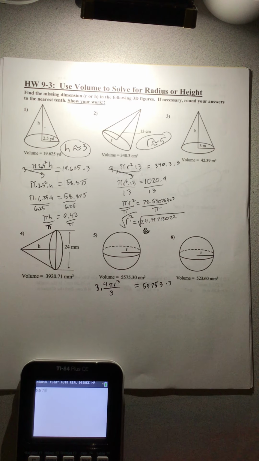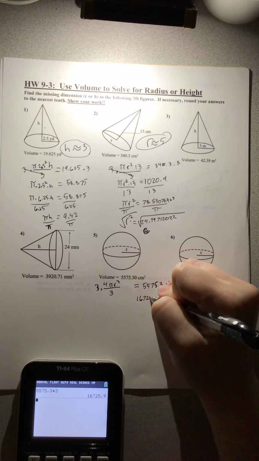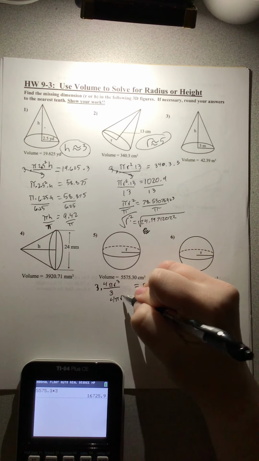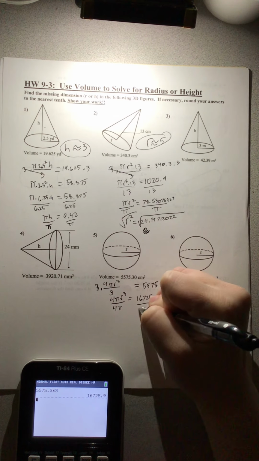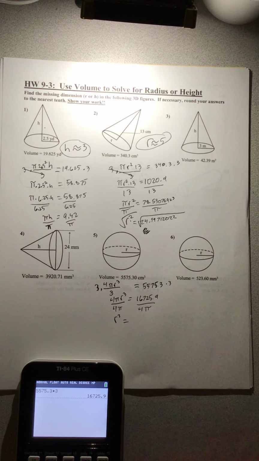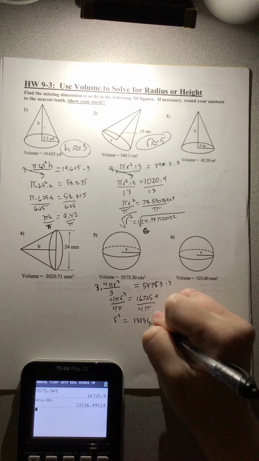So 5575.3 times 3, we get 16,725.9 equals 4 pi r cubed. Now divide this by 4 pi. So r cubed equals that divided by 4 pi. And I get 1336.5.